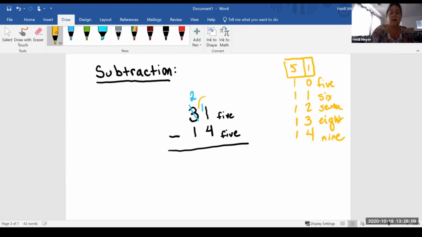Well, this number right here that looks like an 11 is one group of 5 plus one more, so it's actually a 6. 6 minus 4 is 2. And then we have 2 minus 1. I don't need to do any borrowing there. 2 minus 1, I don't care what base you're in. 2 minus 1 is 1.